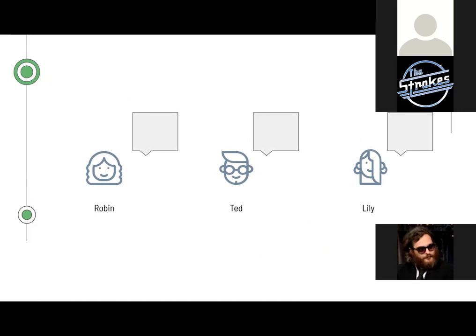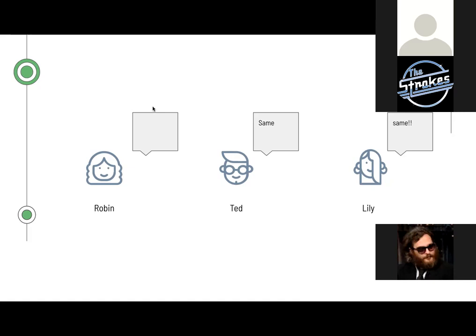Robin says, I need to make some changes to this project. And Ted and Lily also need to make changes to this project. So there's only one copy of this project that they have. Let's say it's the new Battlefield game. And they're like, well, I need to make these changes to it. So only one person has it.